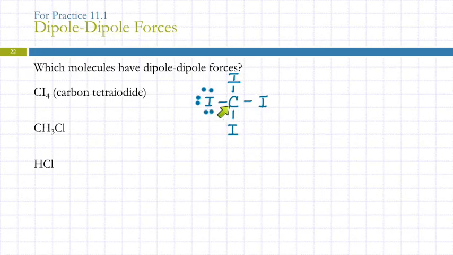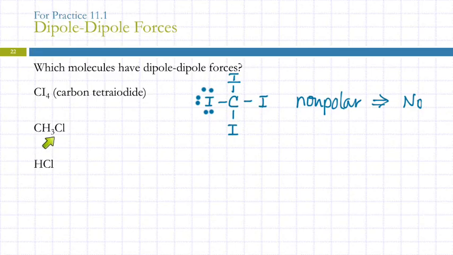So we look at the carbon, we say, are there any lone pairs? No. First condition met. Are all the atoms bonded to that central atom the same? Yes. So both conditions are true. This is a nonpolar molecule. So being nonpolar, does it have dipole-dipole forces? No. Nonpolar, so no dipole-dipole forces.